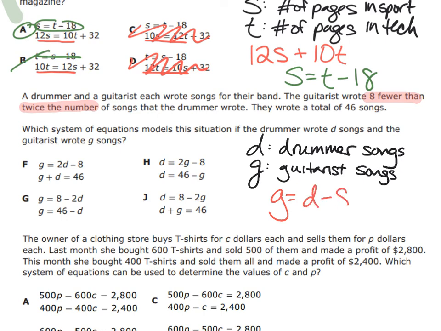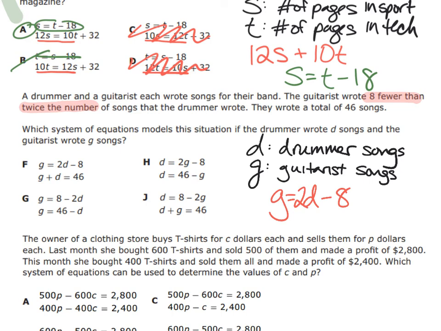We said we were going to subtract from the drummer, and here I am subtracting from the guitarist. Okay, but it says guitarist wrote 8 fewer than twice the number of songs that the drummer wrote. How do I do something that's twice? Multiply by 2.